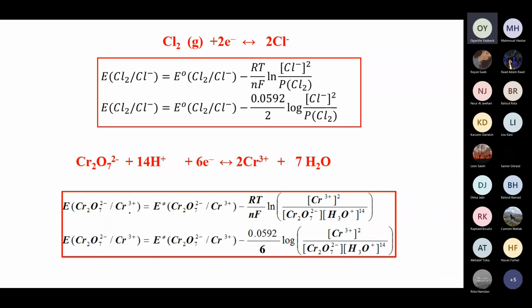Now, because we are in an MCQ exam, you don't need to write all this. You just say E equals E naught minus 0.0592 divided by, how many electrons are transferred? Six. Log of what? Products over reactants. Who are the products?